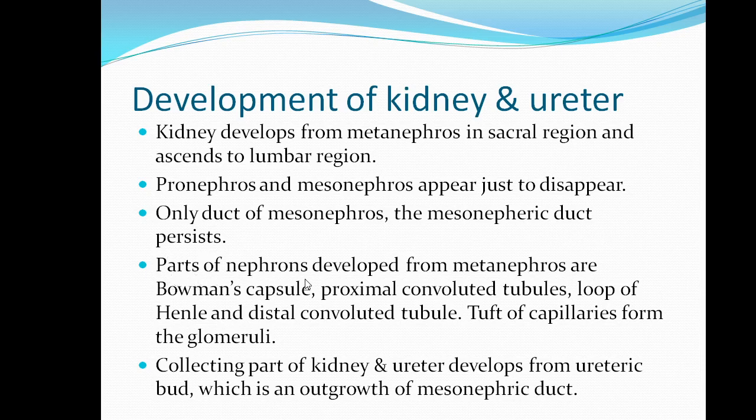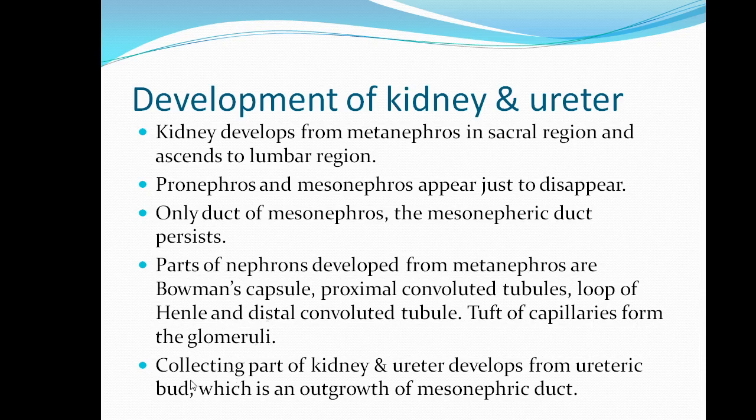The parts of the nephrons develop from the metanephros, and these parts are Bowman's capsule, the proximal convoluted tubule, the loop of Henle, and the distal convoluted tubule. The tuft of capillaries forms the glomeruli.